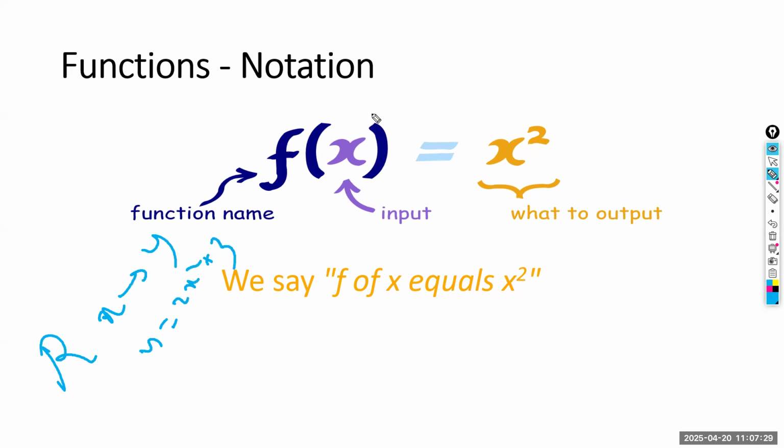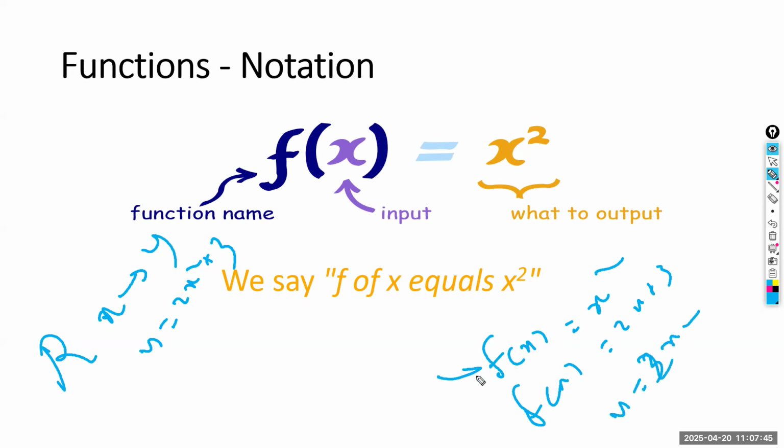But this is the function notation. So we can say f(x) equals x squared, f(x) equals 2x plus 3, or you can simply say y equals x plus 3 also. This is the function notation, and this is the relation notation.